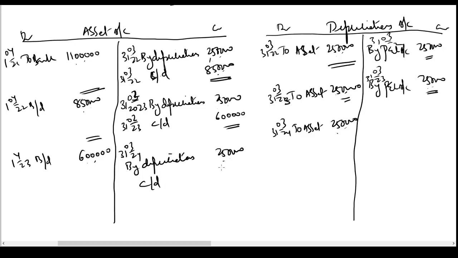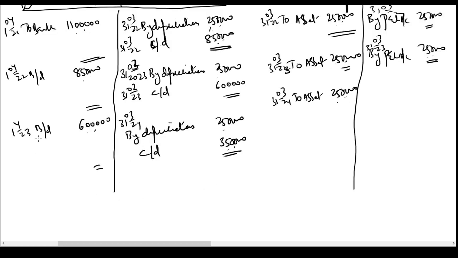We'll do balancing at the end of the year. We'll be left with a balance of 3,50,000. First April 24 brought down 3,50,000. Here the amount of depreciation will be transferred to P&L account, 31st March 24 by P&L account 2,50,000.